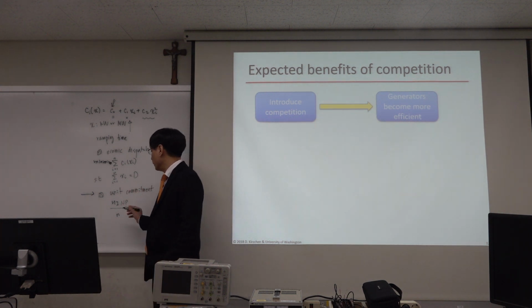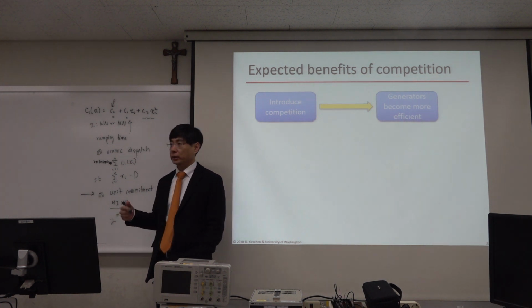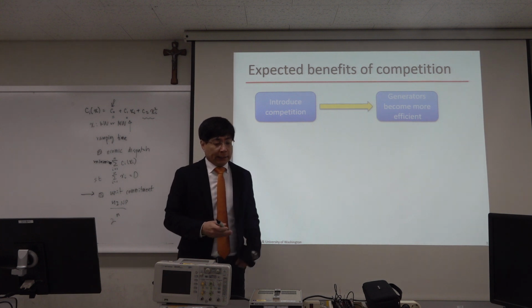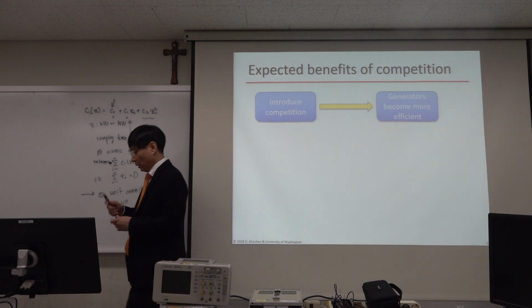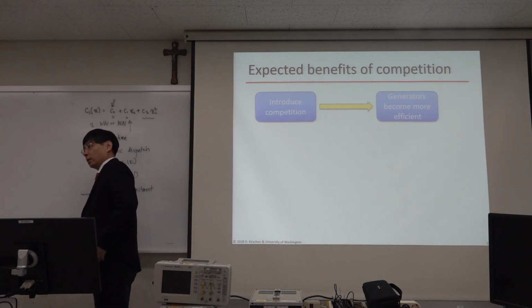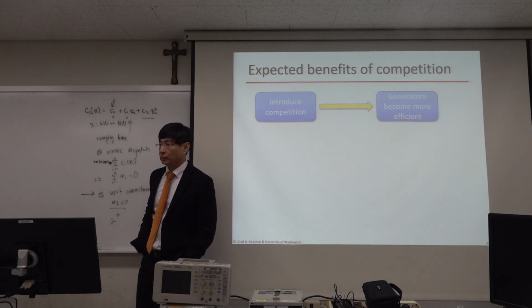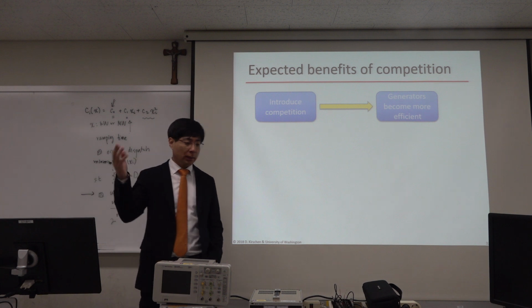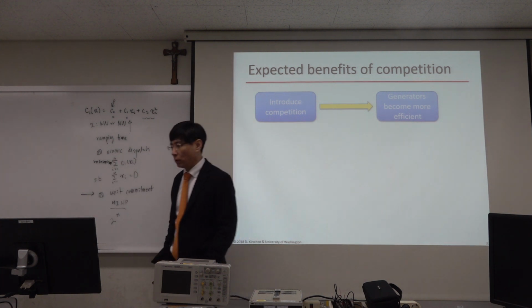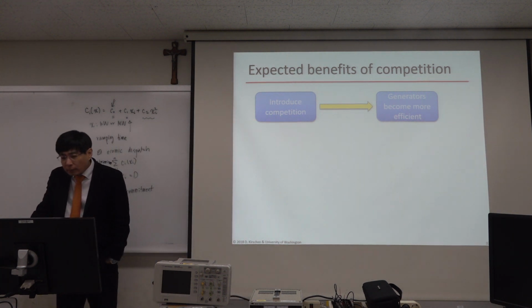So the total number of combinations is 2 to the n. So there are some heuristics to solve this kind of problem, like a genetic algorithm, blah blah blah. Maybe we can talk about that later.